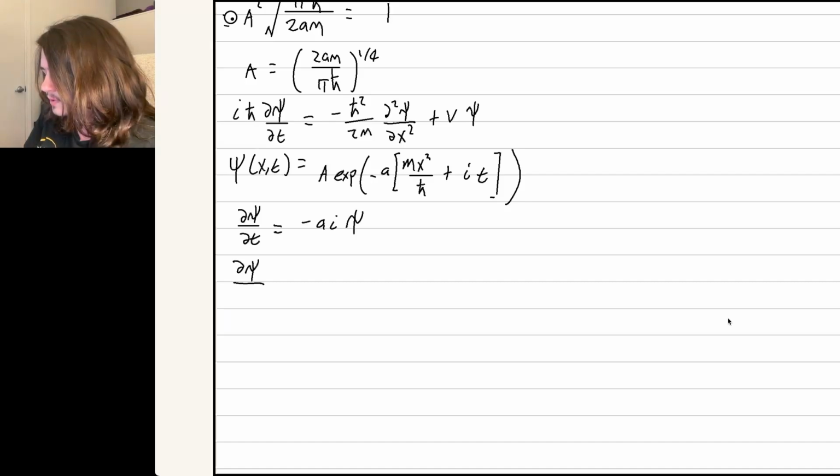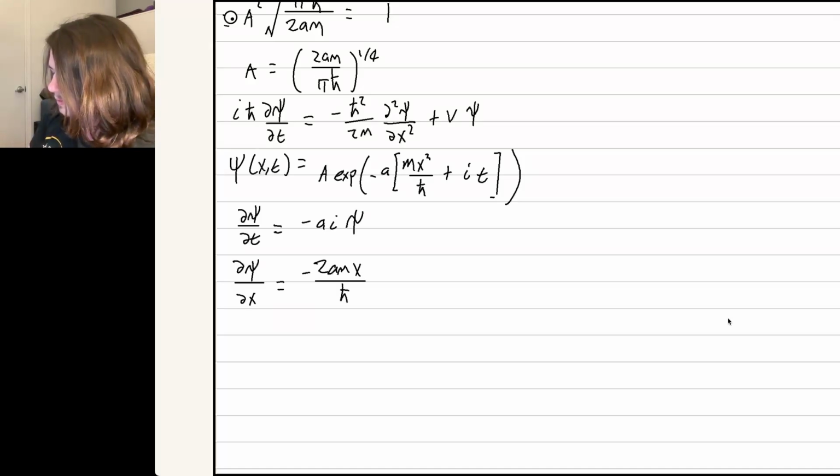Then with position space, the first derivative is you just have mx squared over h bar times a, minus a even. So minus 2amx over h bar times the wave function again.